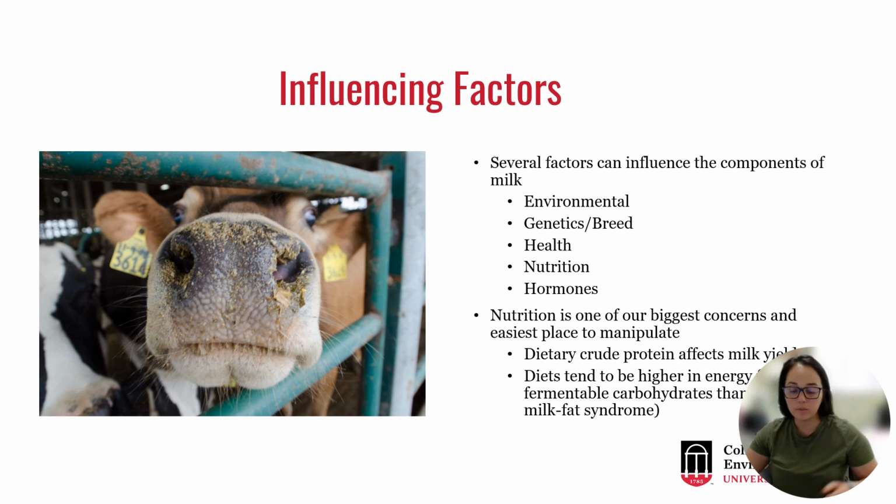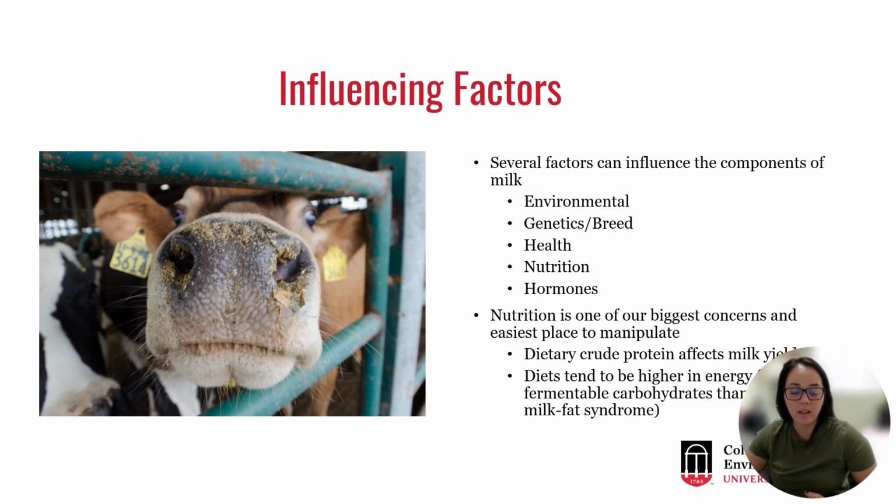As I mentioned before, there are several factors that can influence the components that we see in milk, whether it's the protein, carbohydrates, or the fats. Those can be environmental factors and genetics, as I mentioned on the previous slide, which can determine how much milk fat is present.